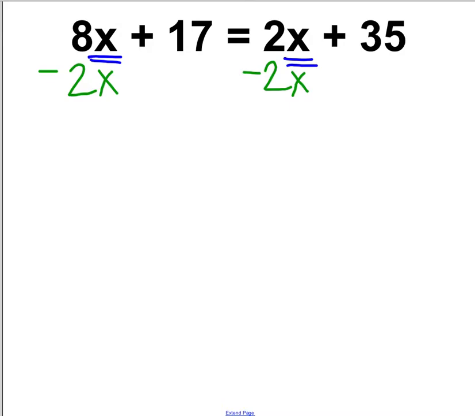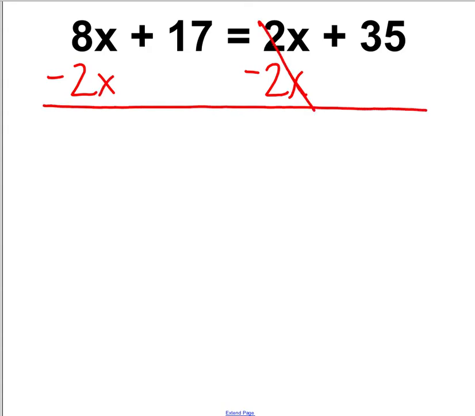Again, you could, if you wanted to, subtract 8x on both sides. It doesn't matter. The thing is, 2 minus 8, that's going to give you a negative number. And for whatever reason, sometimes when we go into the negative zone, that's when we make our mistakes. So a tip is to always move the smaller coefficient if you can.